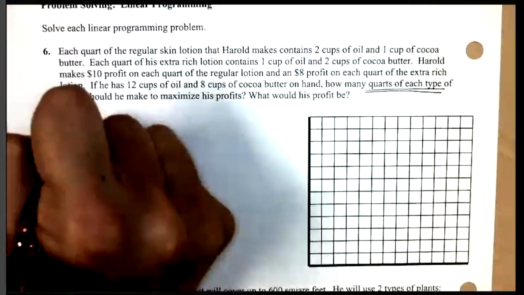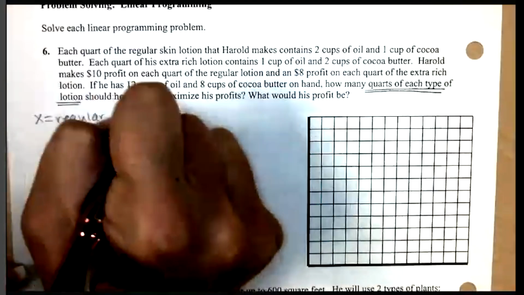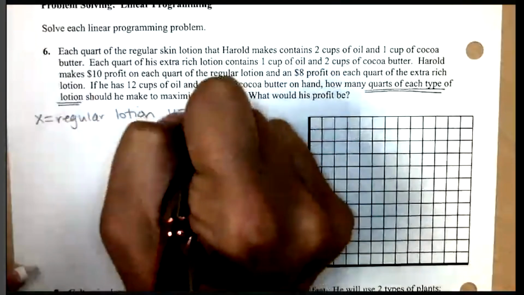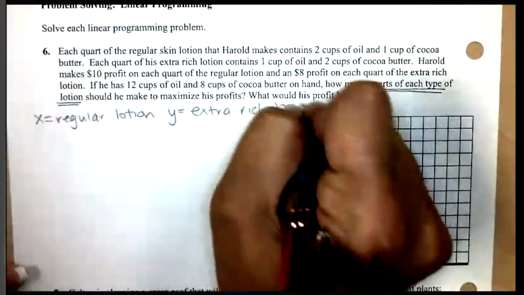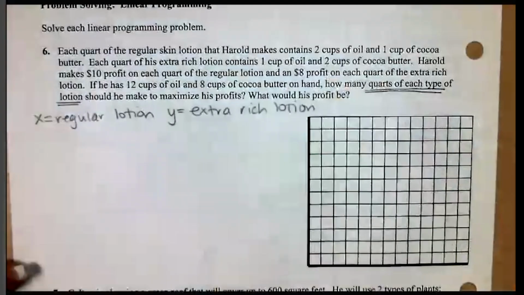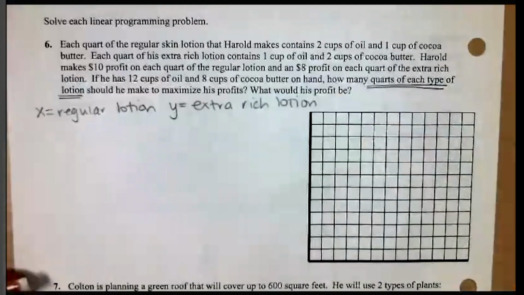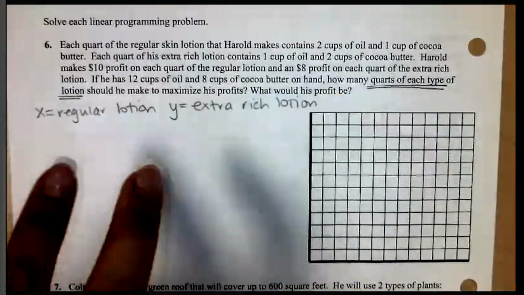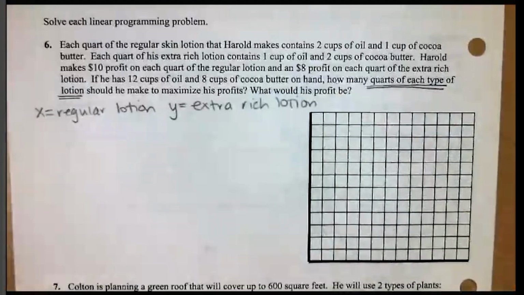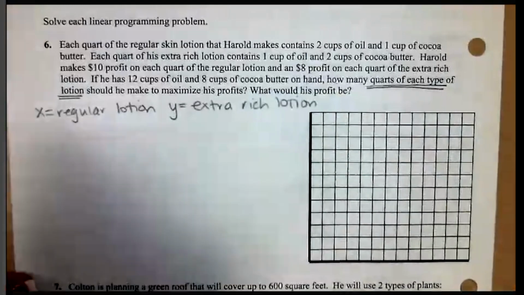So we are going to make X our regular lotion and Y our extra rich. Seems unnecessary to define those, but it actually keeps all of your information very organized, and it helps you write those inequalities with those variables, because everything from this point forward has to deal with the 2 variables we defined.